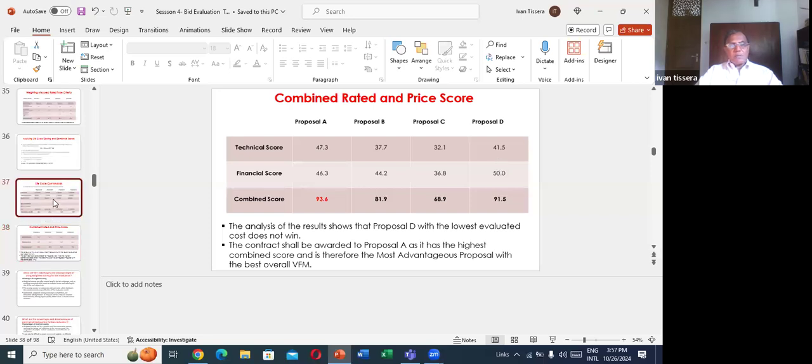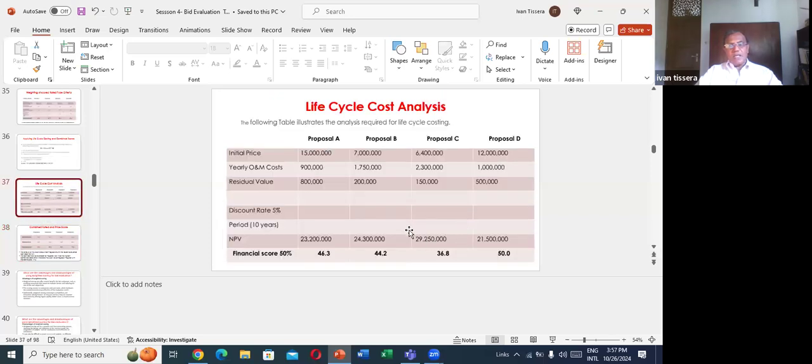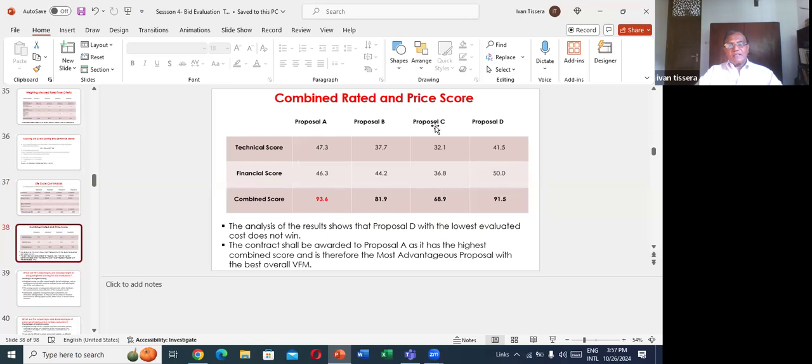What is the highest price? 29,000. He will get only 36.8, low marks. You see, C gets only 36 points.